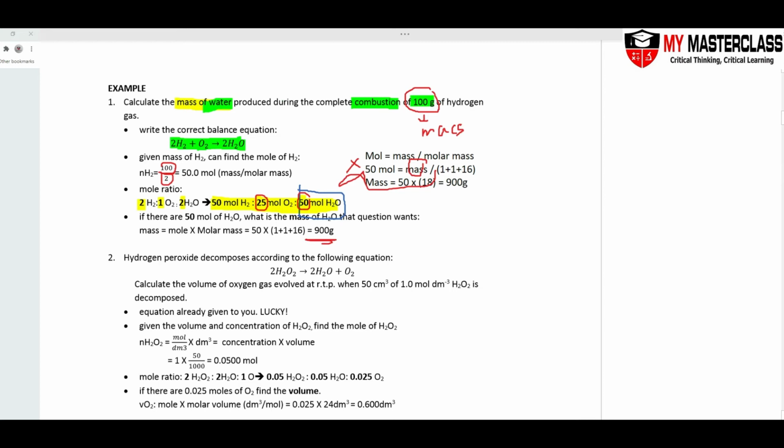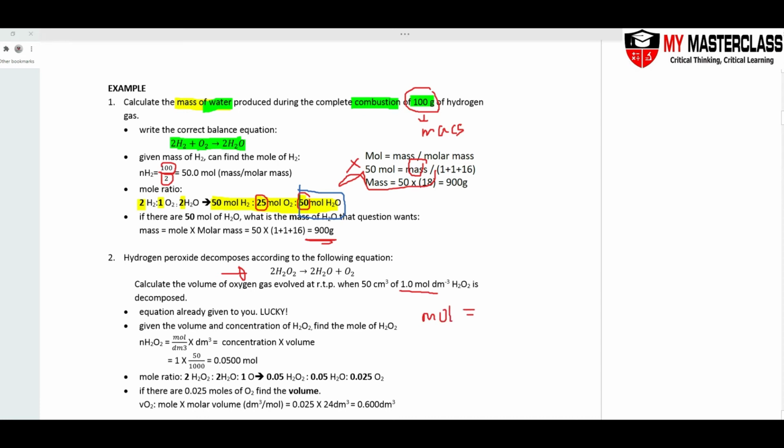Okay, hydrogen peroxide decomposes according to this equation. Step 1, they have already done for you, the equation is written. Calculate the volume of gas produced when 50 cm³ of 1 mole per dm³ hydrogen peroxide is decomposed. Given that they give you 1 mole per dm³, you have to find the mole.